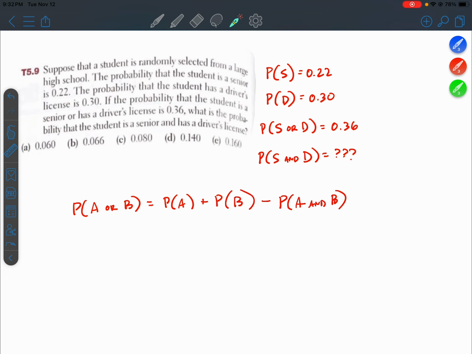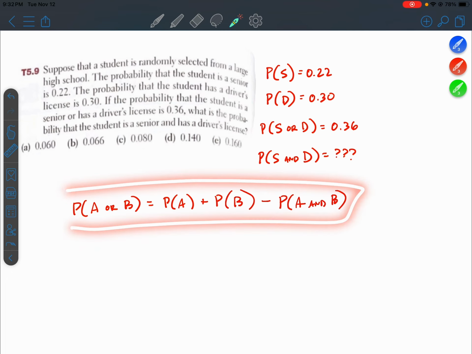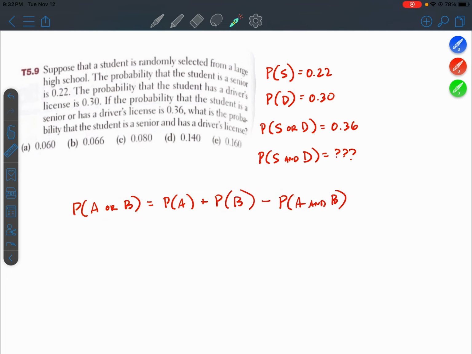Now, take this formula and replace the A's with S's and the B's with D's, and then we can just do some simple substitution. All these A's become S's, and all these B's will become D's.